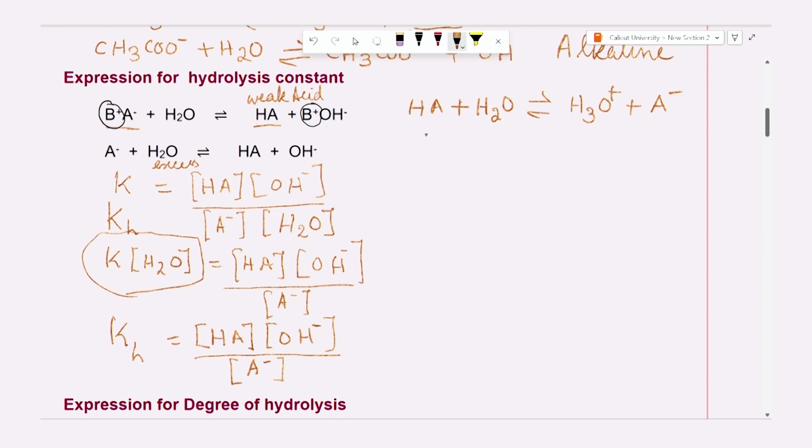In this case, the acid is weak, so I am going to give an expression for the ionization constant of a weak acid. Here water is eliminated because it is present in excess, and the expression will be concentration of H3O plus into concentration of A minus, whole divided by concentration of HA.